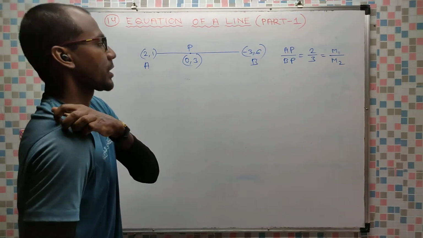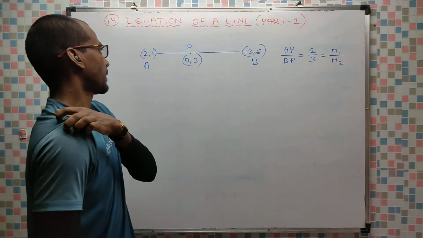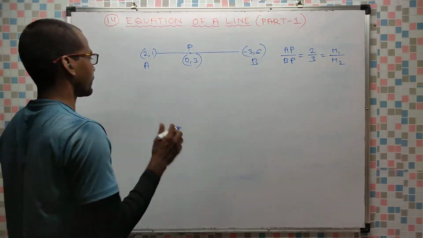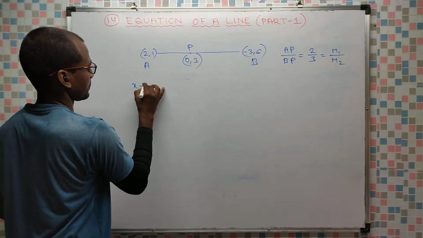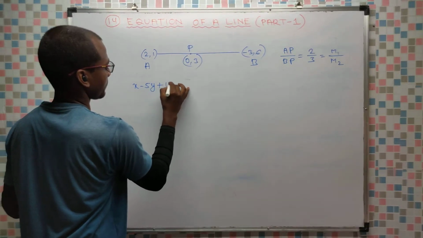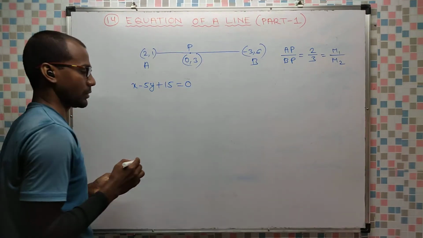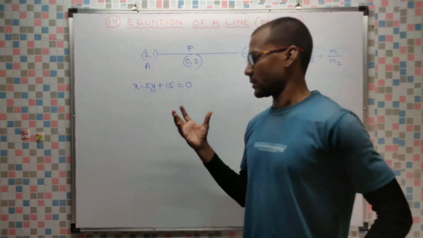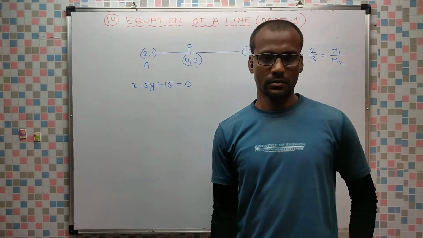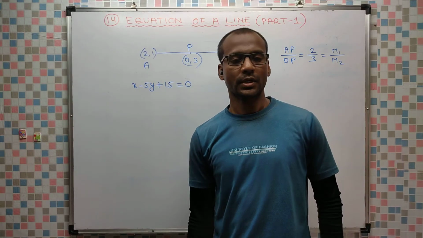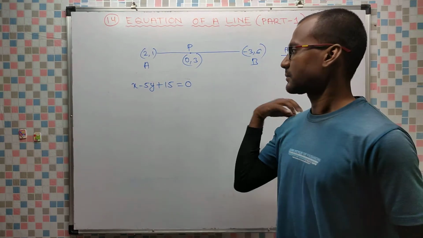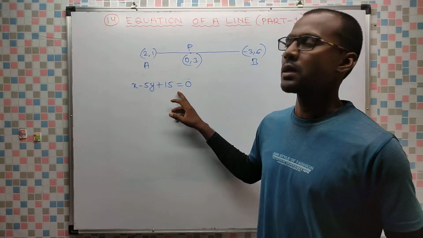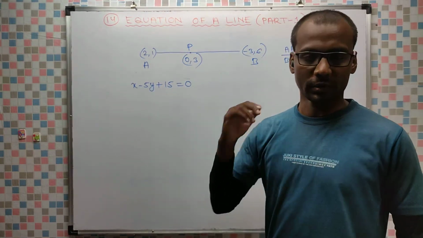Next, we have to check whether the point P lies on the line x minus 5y plus 15 is equal to 0. This equation represents a straight line, and we have to check whether the line represented by this equation passes through the point P or not.